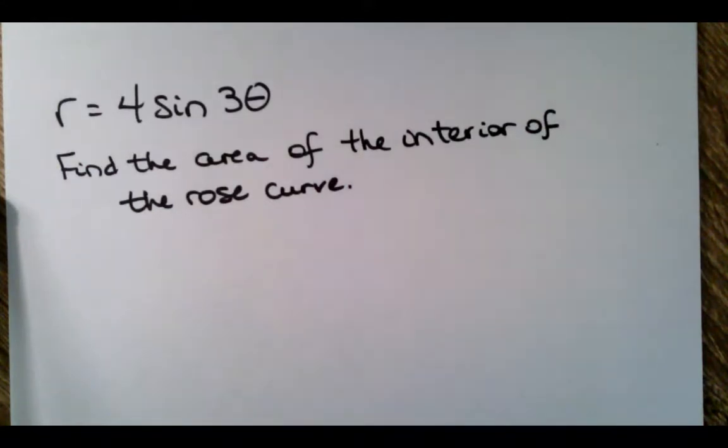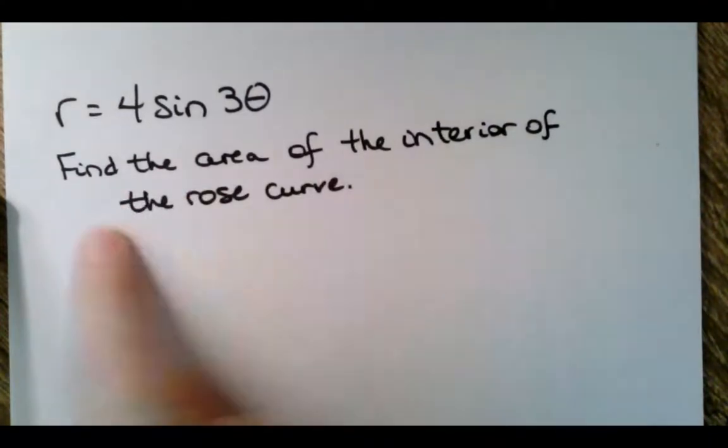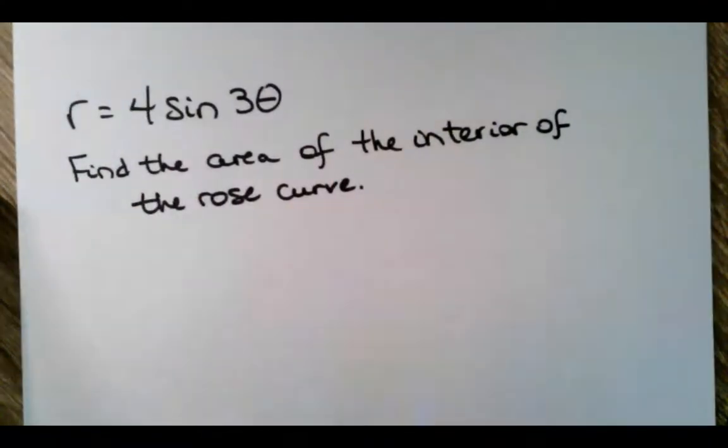And so understanding that is really important, because if it says find the area of the interior of the curve, you might think, oh, well, we can just integrate from 0 to 2 pi. That'll give me all the area inside the curve. But actually, in this case, that would give me double the area.